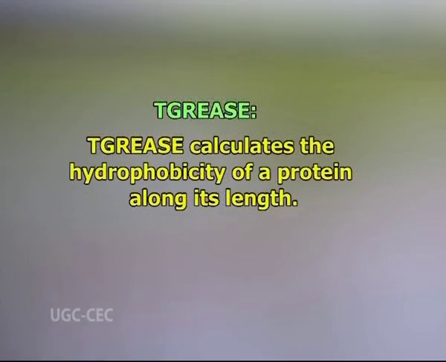Number 6. T-grease. T-grease calculates the hydrophobicity of a protein along its length. The method relies on a hydropathy scale in which each amino acid is assigned a score reflecting its relative hydrophobicity based on a number of physical characteristics.